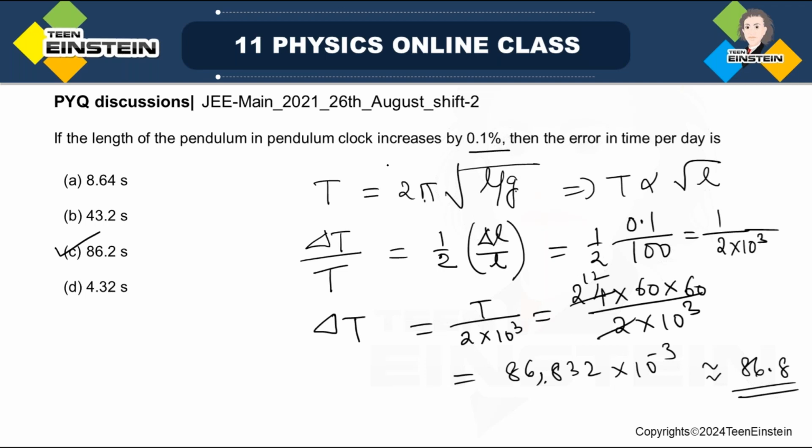Let me just check once again. If it were a second pendulum, then time will be 2 into 60 into 60 divided by 2. Yes, I'm sure. So option C will be the correct answer for this question.